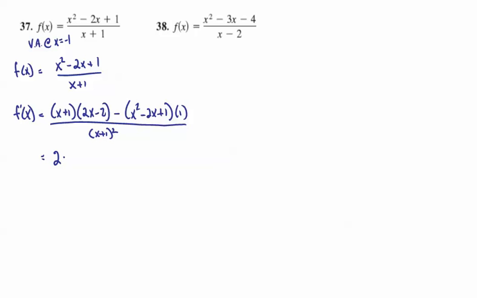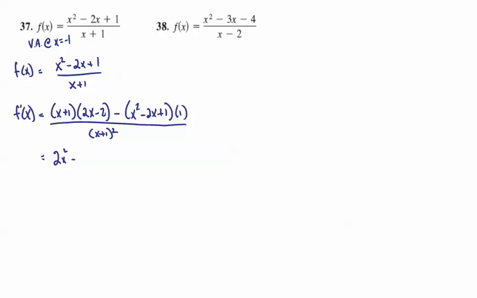We're going to get 2x squared minus 2x minus 2x plus 2x. Fortunately, that's going to go away. No, it's not.